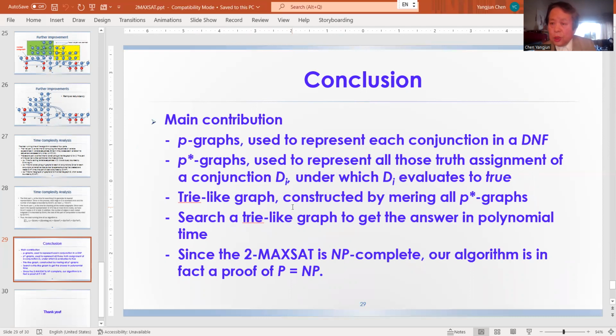From the triangle graph we can generate a layered representation. By using this layered representation, we can find the solution to the 2-mask sort problem in polynomial time. Because the 2-mask sort problem is NP complete, our algorithm is in fact a proof of P equal to NP.